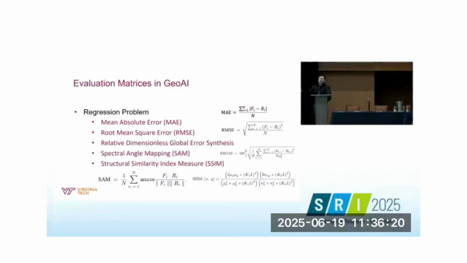When we are talking about remote sensing, whether this result is good for the regression, it looks at each pixel in this image and the difference from the reference data. There are some more, for example the spectral angle mapper, the SAM, and the structural similarity index measure, the SSIM. I just list a couple here, but those are the commonly used tools nowadays in GeoAI model evaluations.